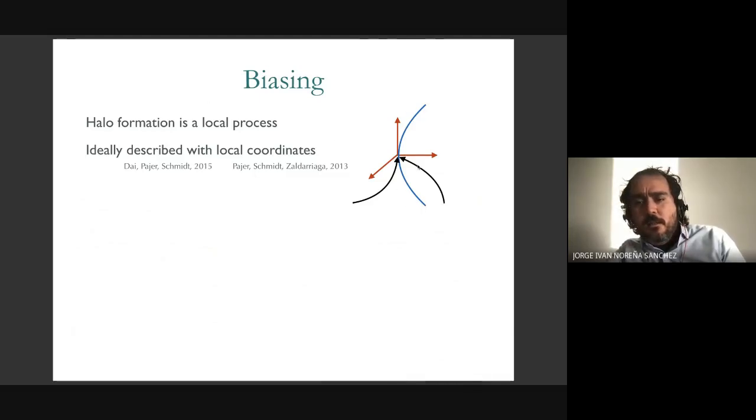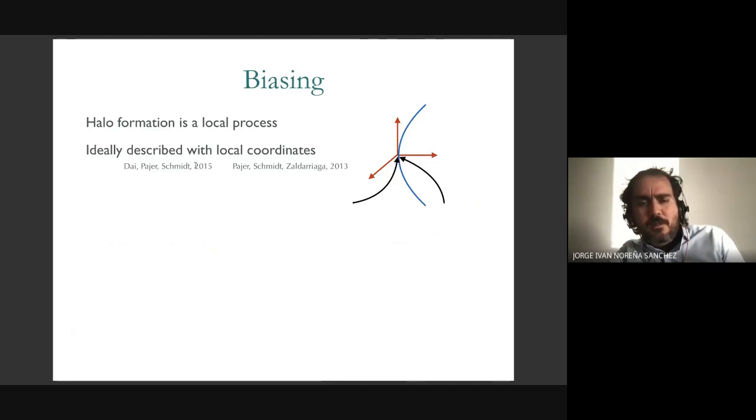If we consider halo formation, it's a local process, so it would be better to describe it in some local coordinates. This image here shows the geodesic of an observer in blue, matter infalling in black, and some frame of reference that I choose in red, just to symbolize that ideally one should choose a frame of reference close to the observer that moves with the observer.